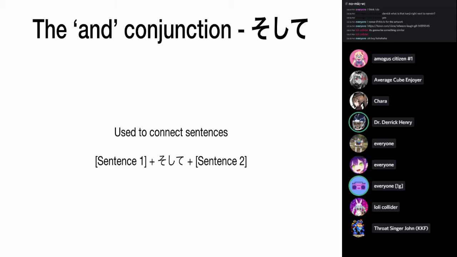So the way you'd use it is you'd have a sentence, you say soshite, and then you start your next sentence. And in fact, sometimes what might happen is you could have a long pause here before you start your next thought. So you might say something, pause for a while, and then say soshite and your next sentence.